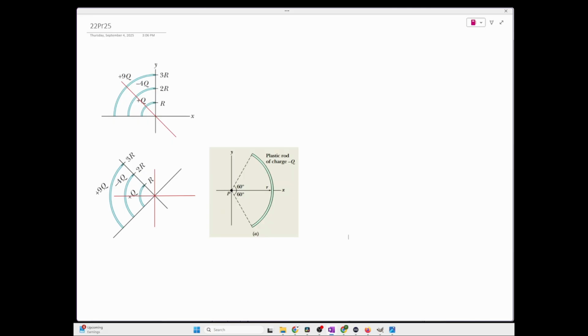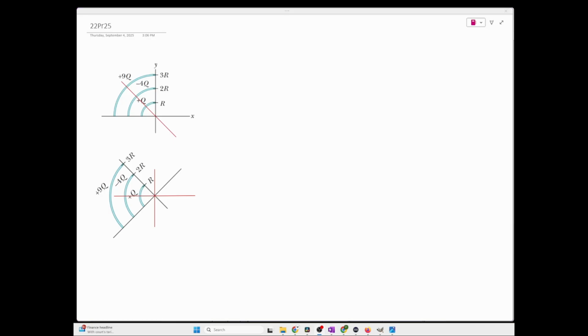The only differences are that the diagram appears to be flipped, and also the angles are different. In the sample problem, we have two angles, each 60 degrees. In the current problem, we also have two angles, each is 45 degrees. Despite these differences, the way to solve the problem is really just the same.